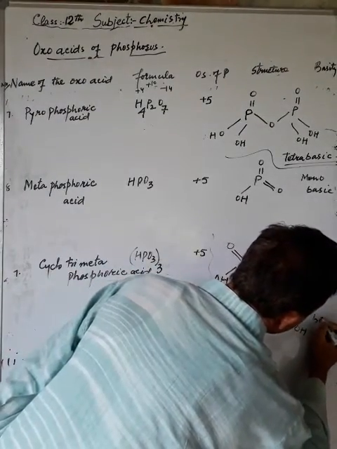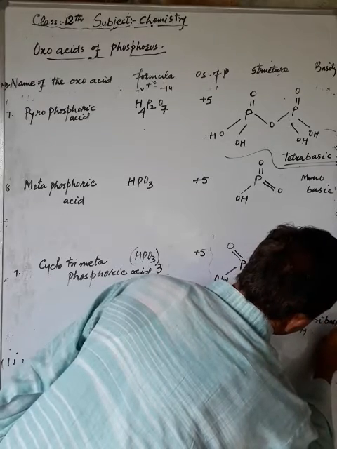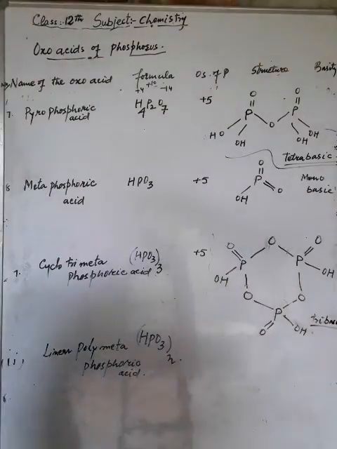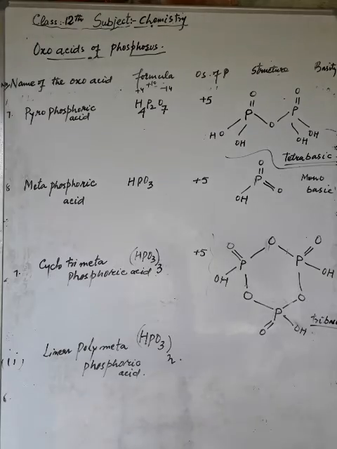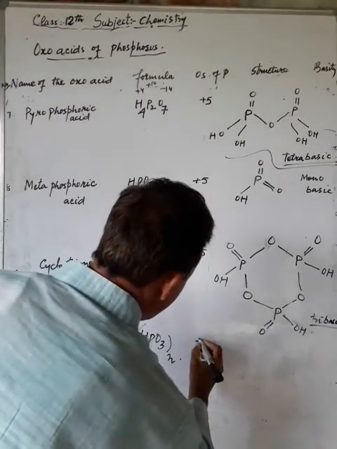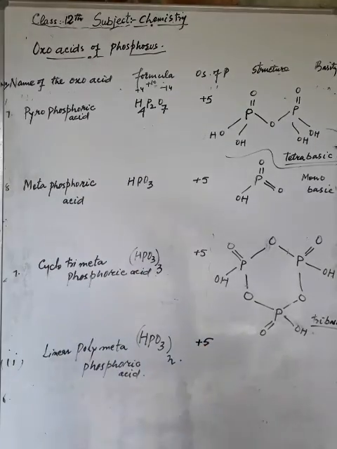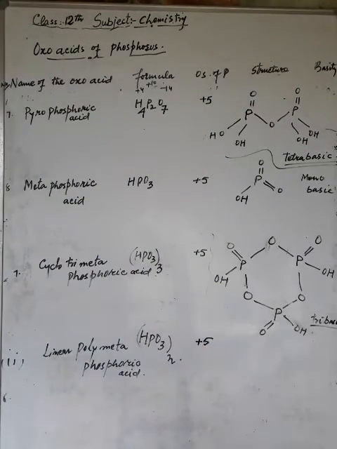It is tribasic. Now we will take the linear polymetaphosphoric acid; its oxidation state is again +5, and we will write its structure.